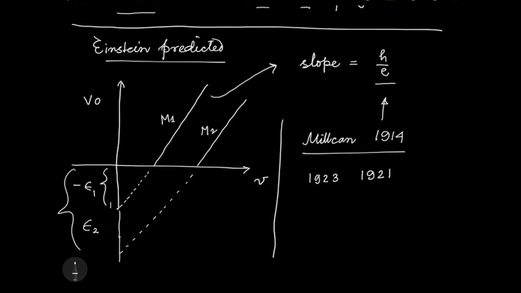And that is completely new physics that was coming up, and this is what was later termed quantum physics, because we are talking about light quanta here, and we'll talk about quanta of other things in the course. Thank you.